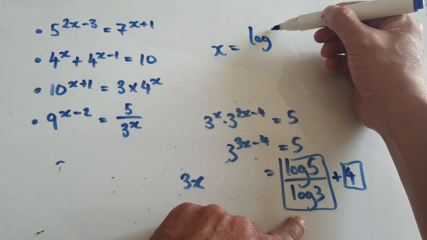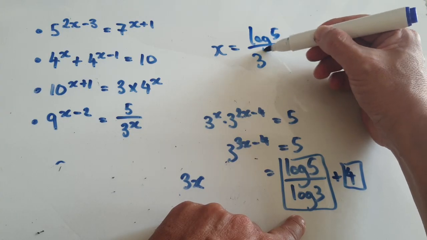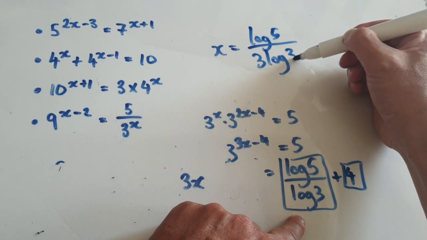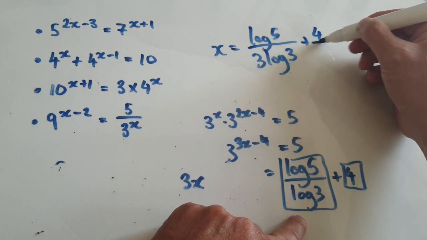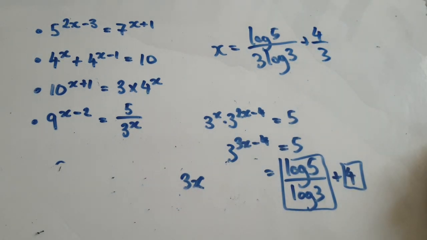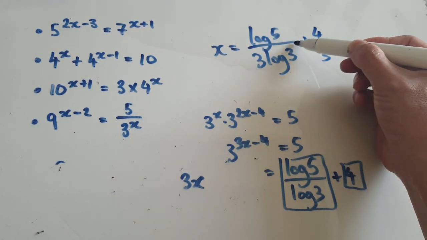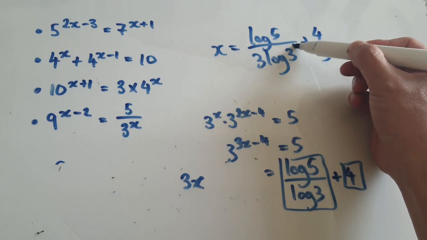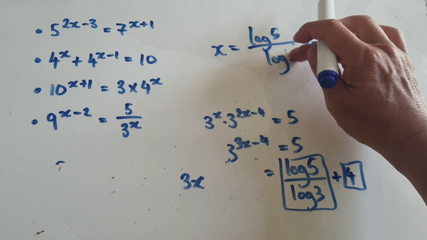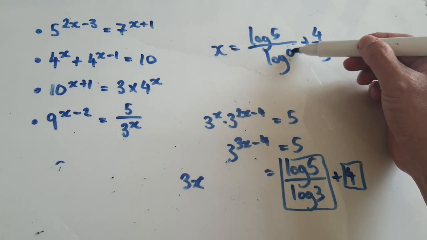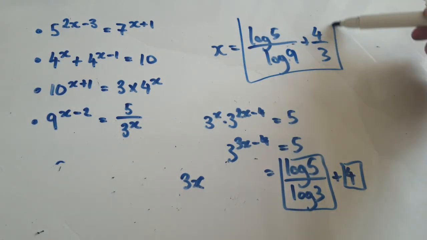So that will be log 5 over 3 log 3. And then plus divide this by 3, 4 over 3. And if you really want to, you can push this up here. You can push the 3 up here. So that's really the number 9. So this here is your final answer. Okay.